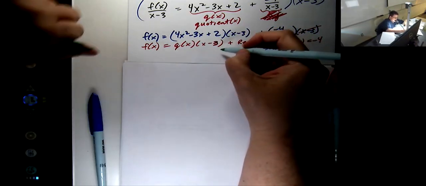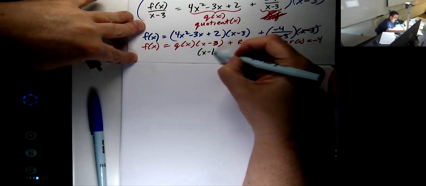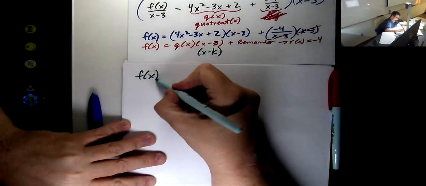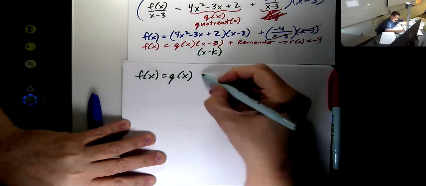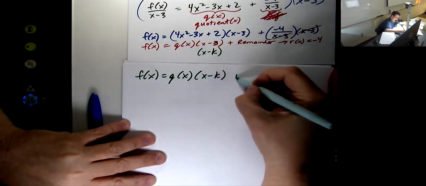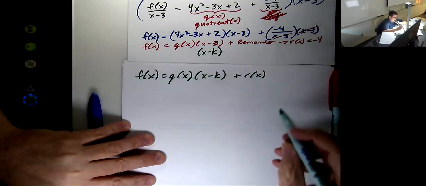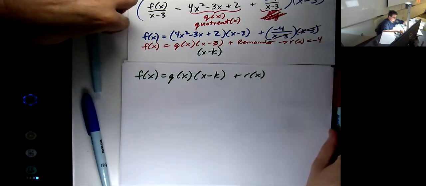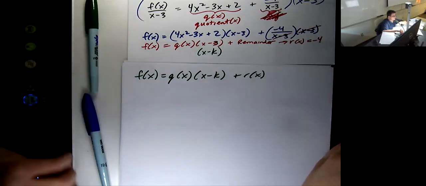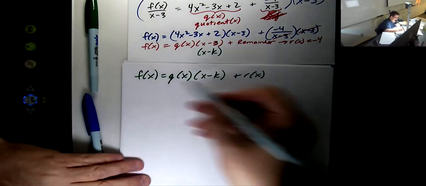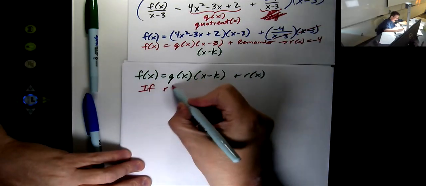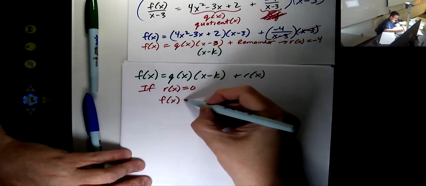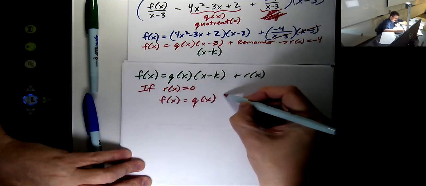And it's not always 3, let's just say it's x minus k. And we get f of x equals q of x times x minus k plus r of x. If r of x equals 0, then f of x just equals q of x times x minus k.